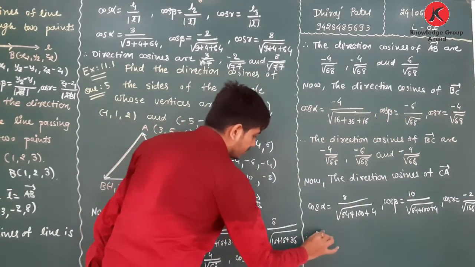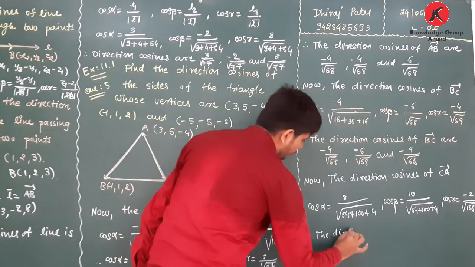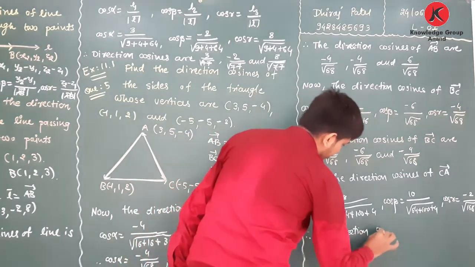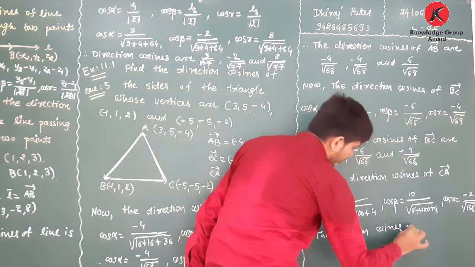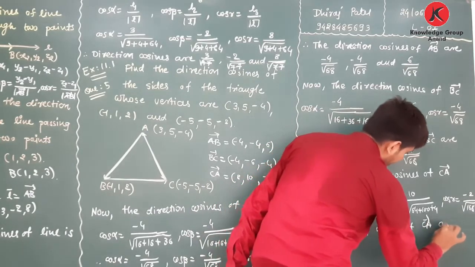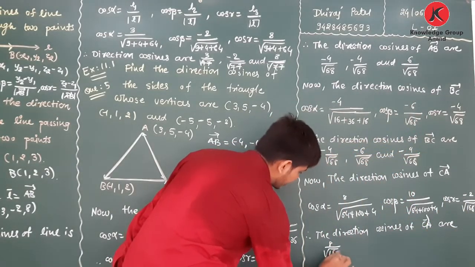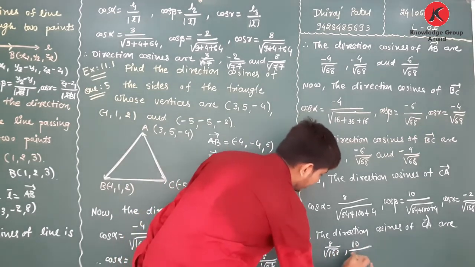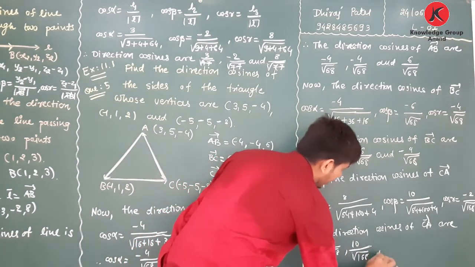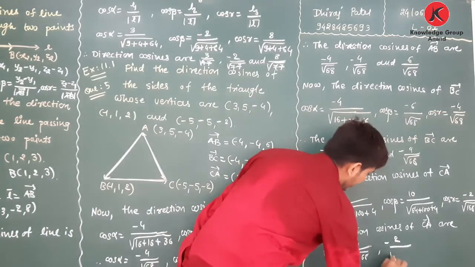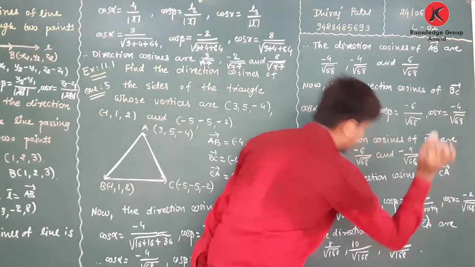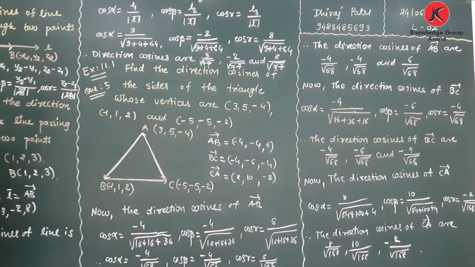Clear? Therefore, the direction cosines of vector CA are given as 8 by under root 168, 10 by under root 168 and minus 2 by under root 168. Clear? Write down this.